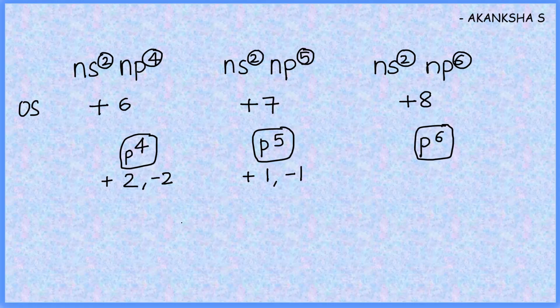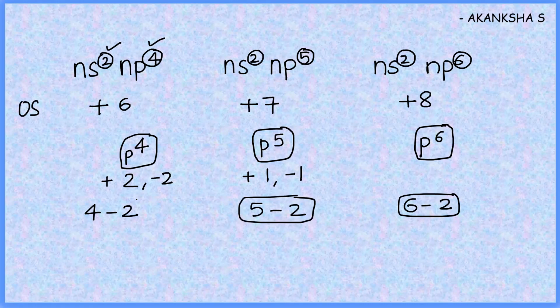Okay. Another way which you can go for, which is a good way actually, I feel, is for remembering the other ones. Now, here you can see 4 minus 2, 5 minus 2, 6 minus 2.